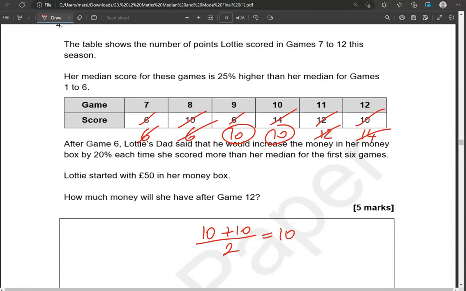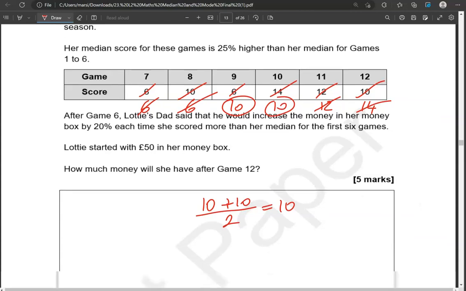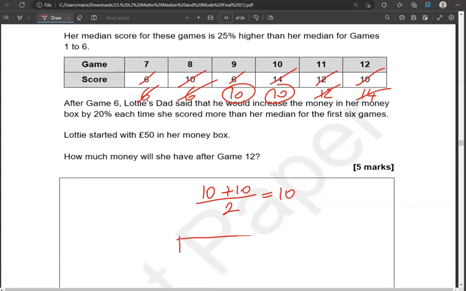This is 25% higher than the median for the games 1 to 6. So if I represent the median for the games 1 to 6 as 100%, and we don't know what number that is, the median for the games 7 to 12 is 25% higher. So that's a quarter more.